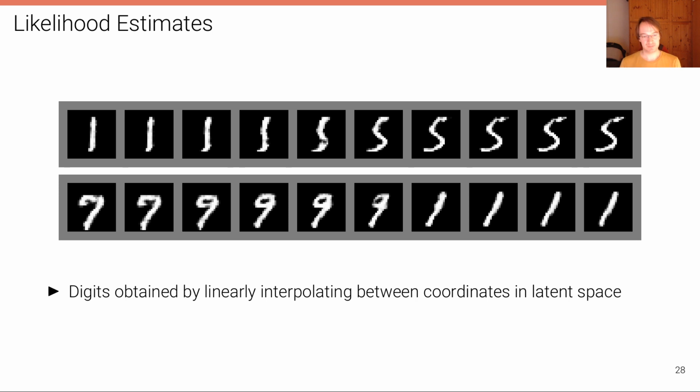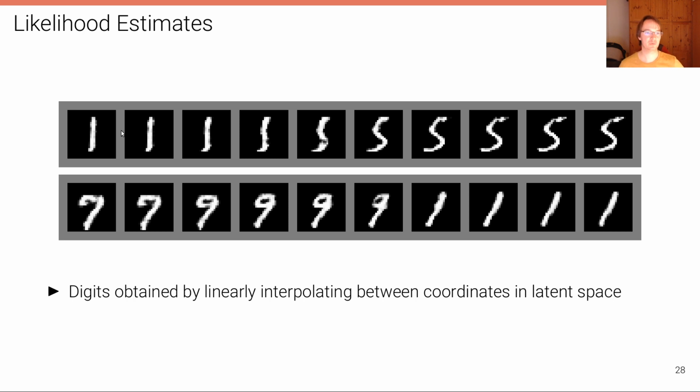What you see on this slide are interpolation results. Interpolation is a good way of visualizing what the latent space looks like. What we're doing here is taking two different points in latent space, traversing that latent space linearly, and generating samples at equidistant steps along this line.